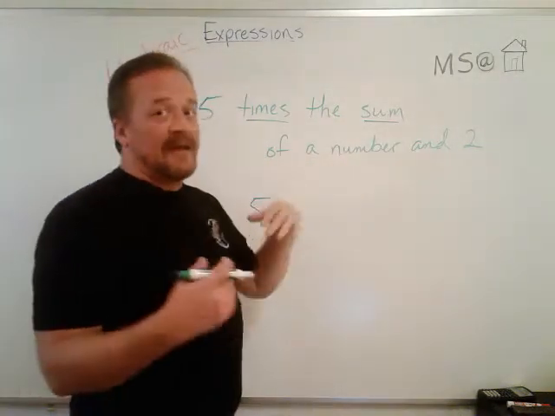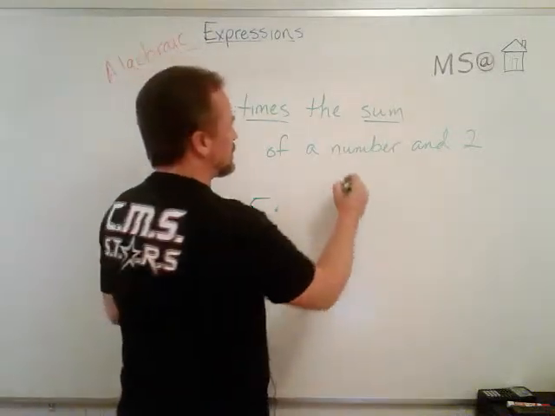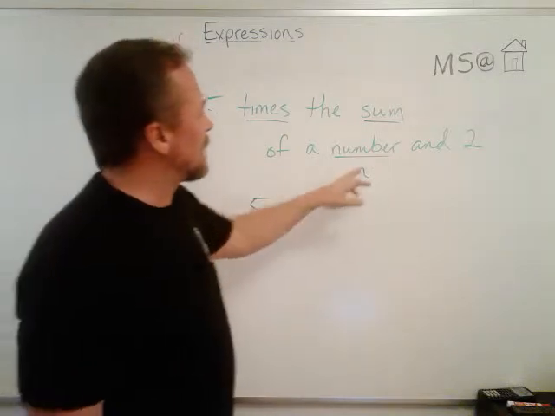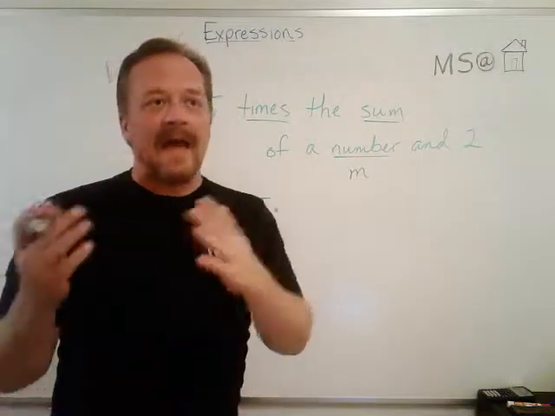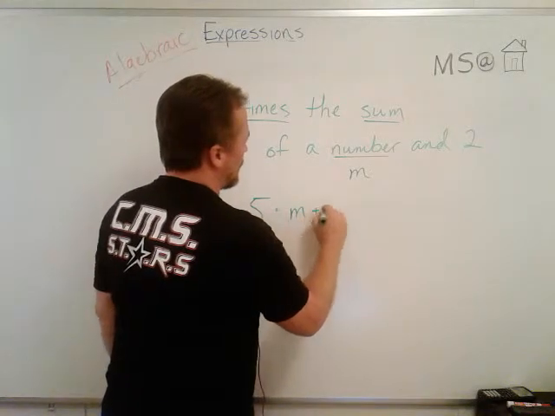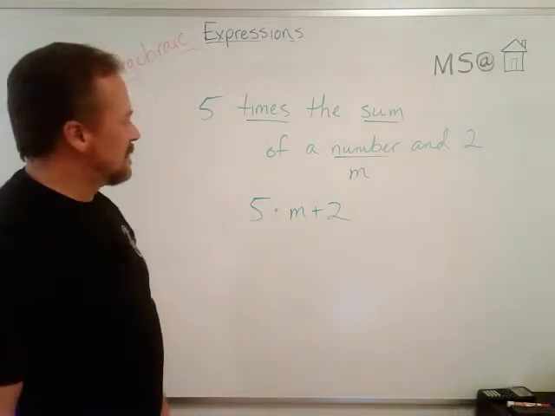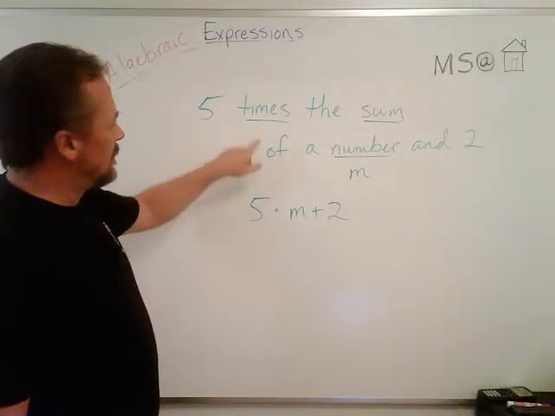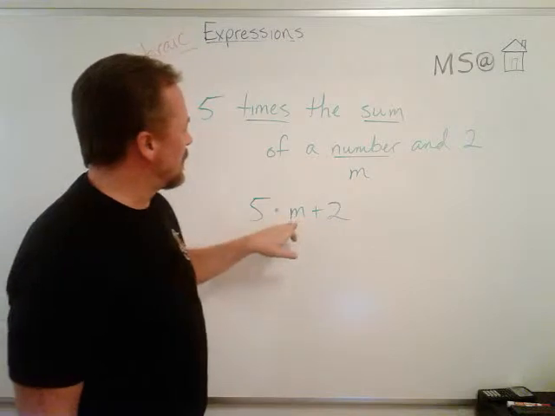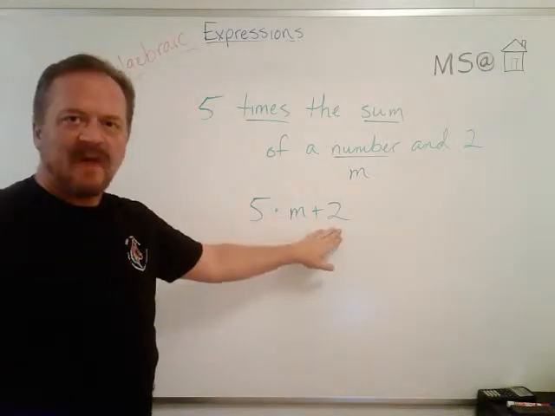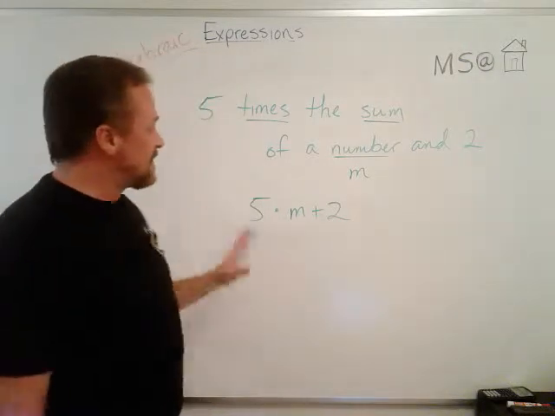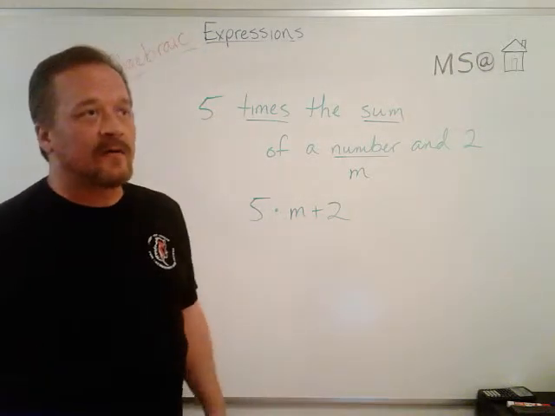Let's go ahead and give a number a variable. We can use m. Doesn't really matter what you choose. And 2. So I know I'm going to be adding m plus 2. And 5 times m plus 2. So 5 times the sum of m and 2. That makes sense. 5 times m plus 2. Okay? And this is not totally incorrect way to write it either.